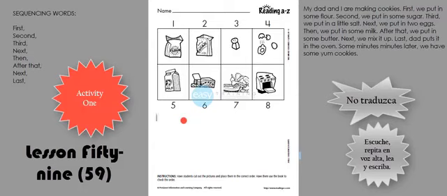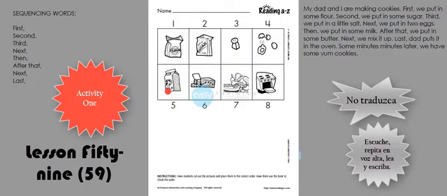A girl and her dad are making cookies. First, they put in some flour. Second, they put in some sugar. Third, they put in a little salt. Next, they put in 2 eggs.